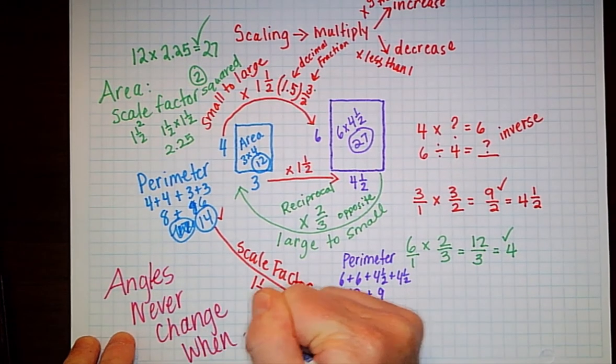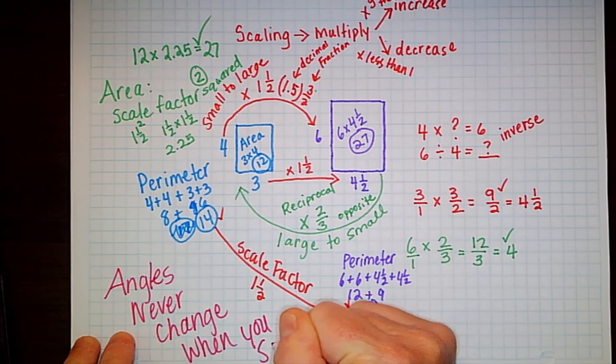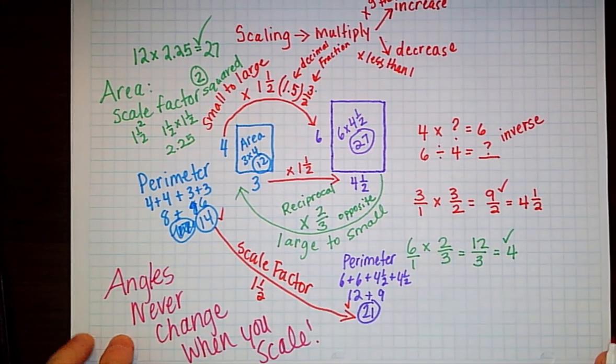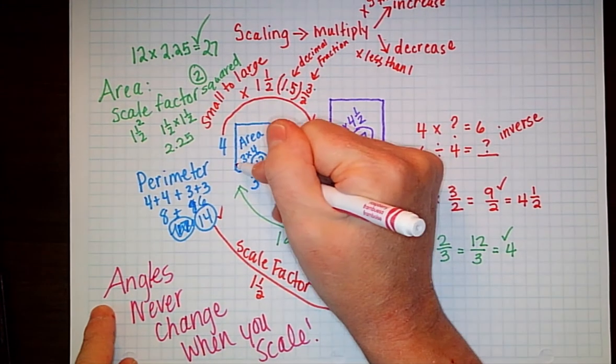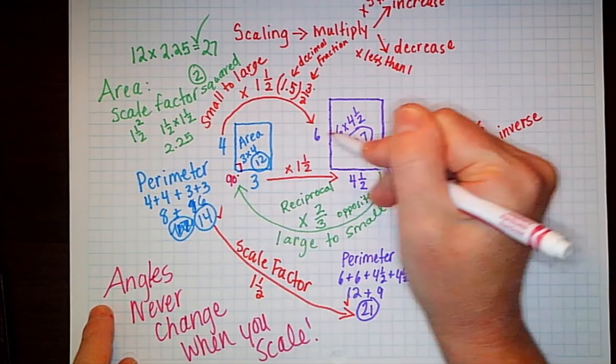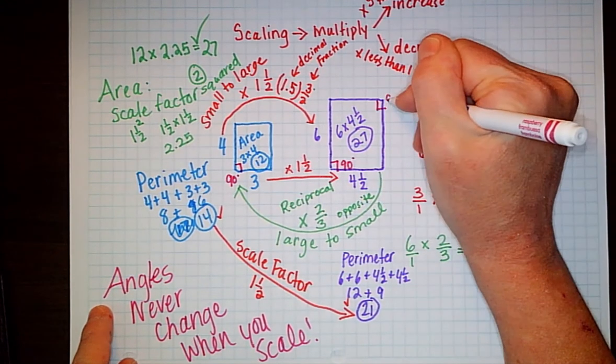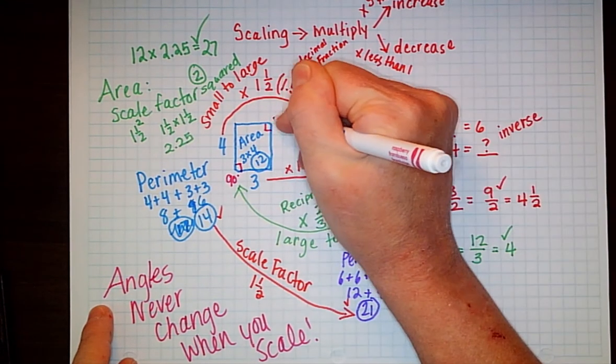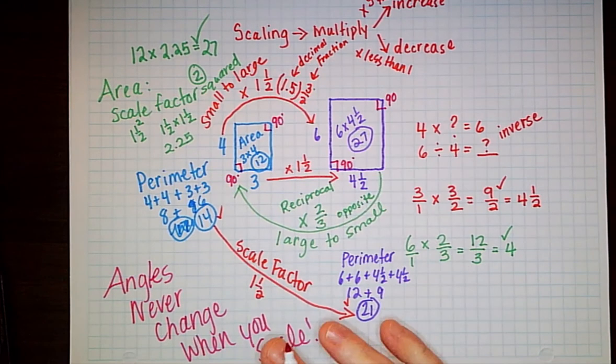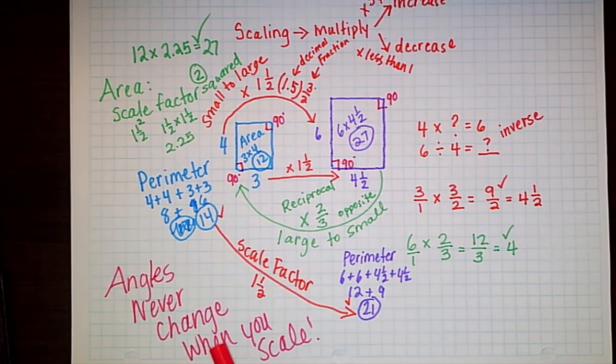So if you do have different angles, you know you did something wrong. This is a 90-degree angle, this is a 90-degree angle, and so on for all four corners. It would work for any shape, not just rectangles. So angles never change. That's a big one.